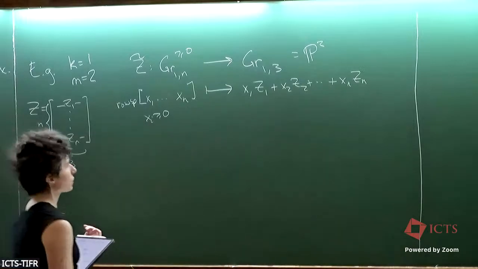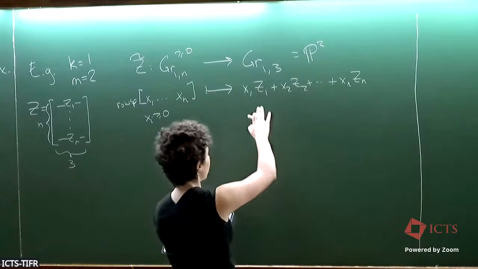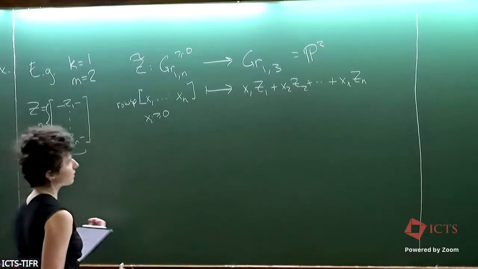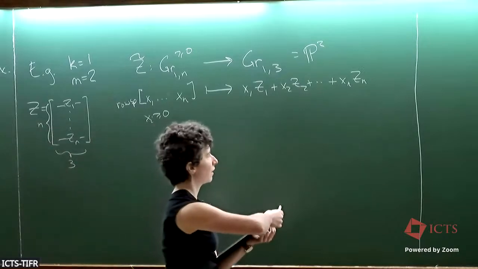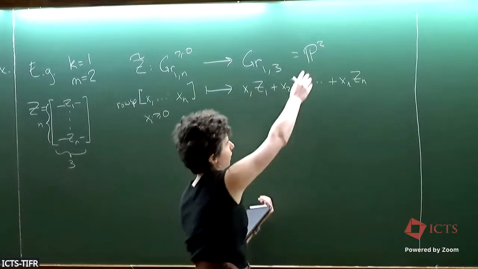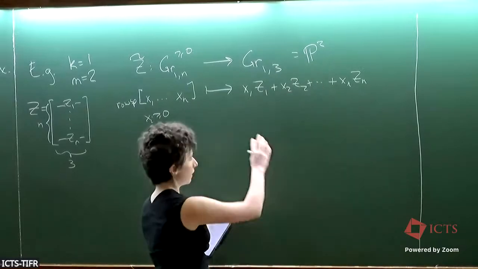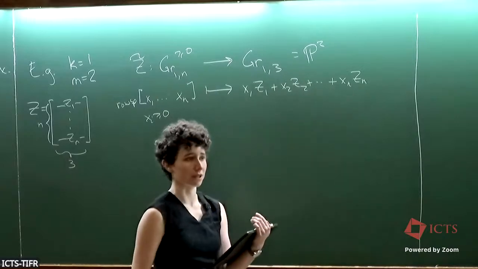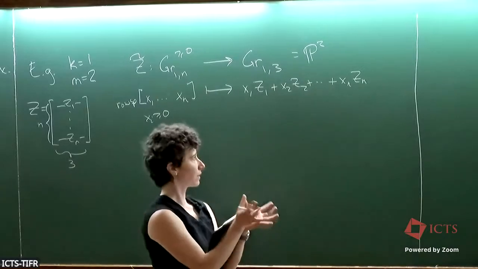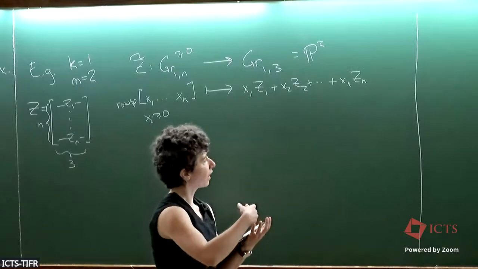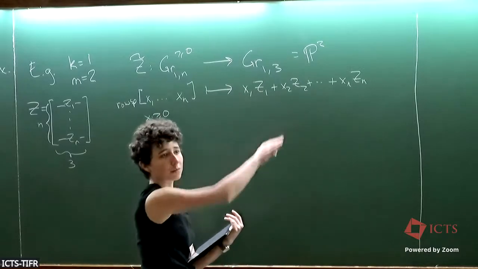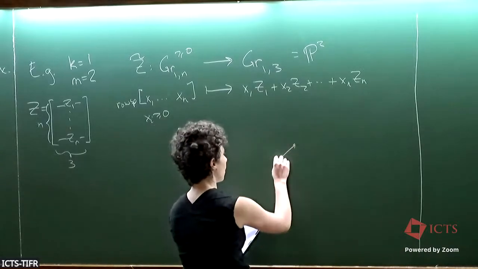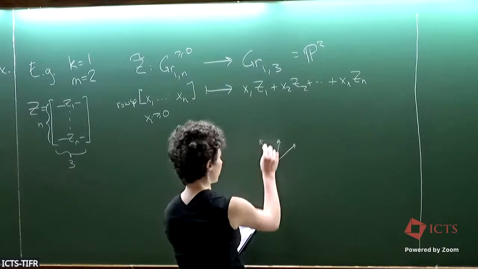So what's happening here? These rows of Z have 3 entries, so I can either think about them as a vector in R^3, or when I think about their line, as a point in P^2. But this is a linear combination of vectors in R^3. So I'm taking the rows of Z and taking all non-negative linear combinations of those vectors.